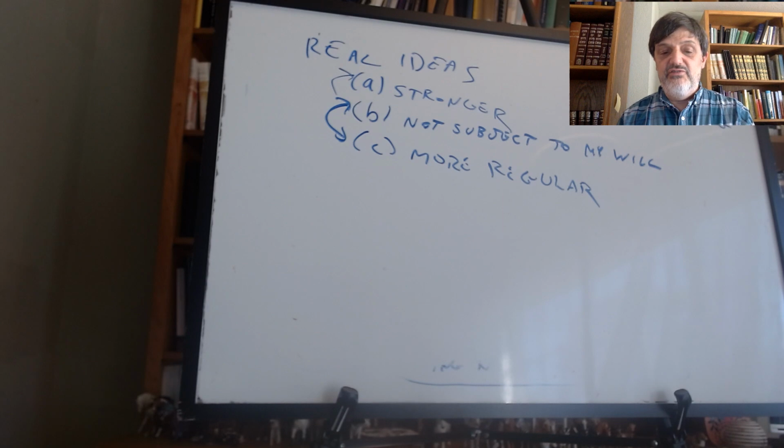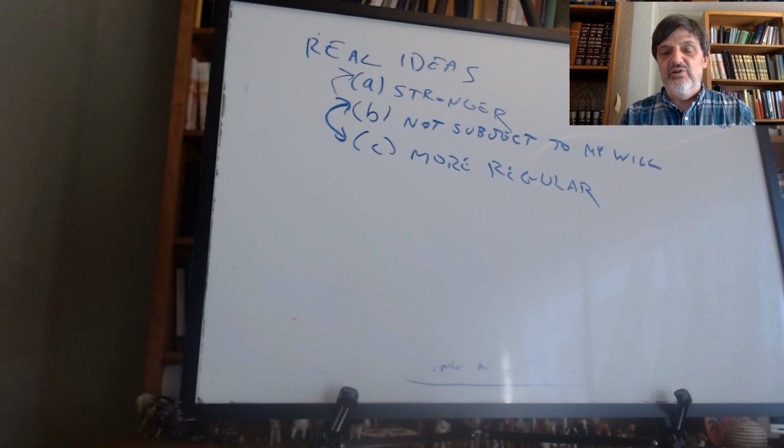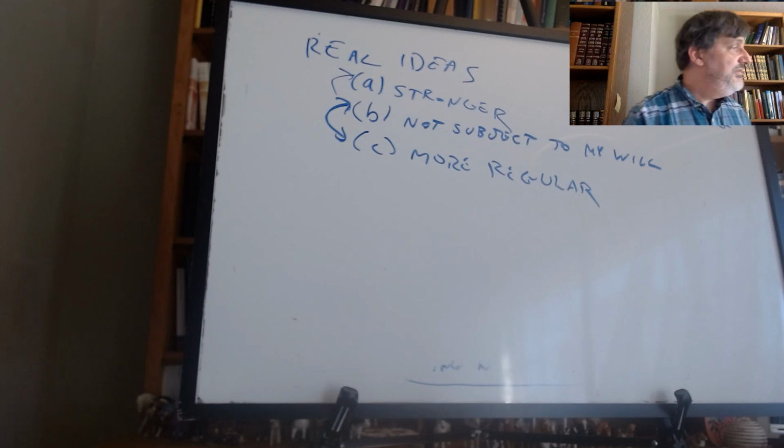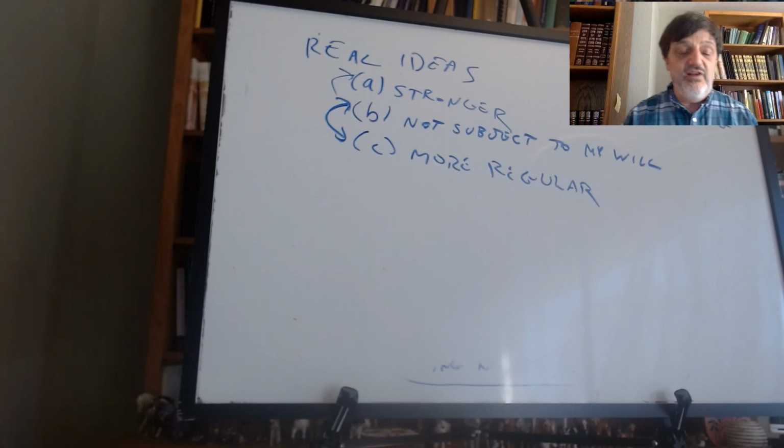And those are the ones we call real. So, when a bunch of ideas that we've collected together and given a single name, like apple or snowball, occur as part of this series of strong, regular ideas not subject to my will, that's when I say there's a real apple or a real snowball.